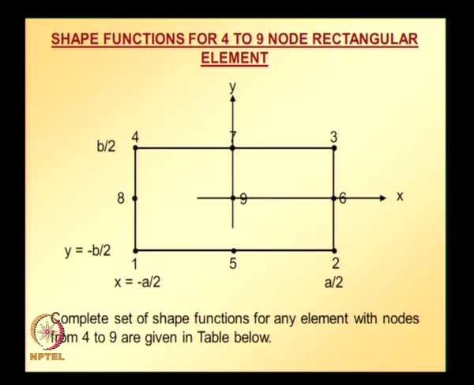So along x direction, this element is having length of a units, and along y direction it has b units, and the xy coordinate system is defined with respect to centroid of the element.